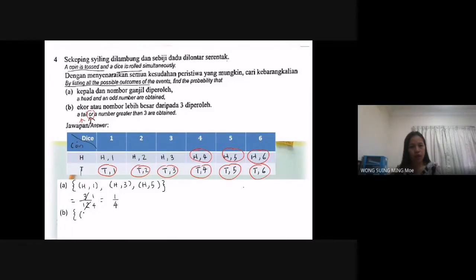So I write head 4, head 5, head 6, T 1, T 2, T 3, T 4, T 5, T 6.